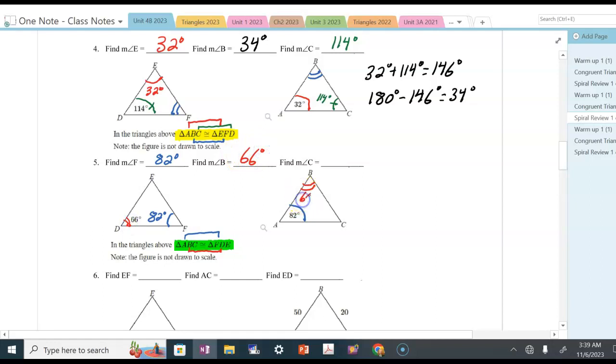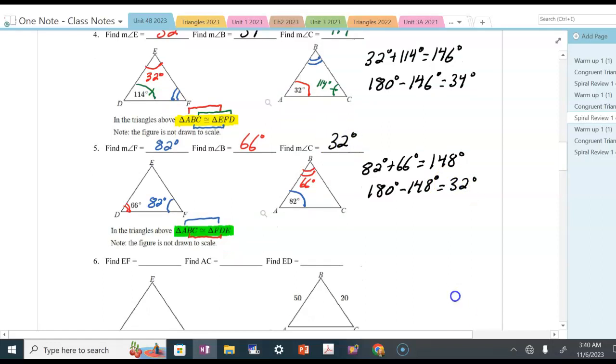So I know B is 66 degrees. Now to find angle C, the angles in a triangle again add to 180. So 82 plus 66. Again, please use your calculator. You get 148. 180 minus 148 gets you 32 degrees for angle C.